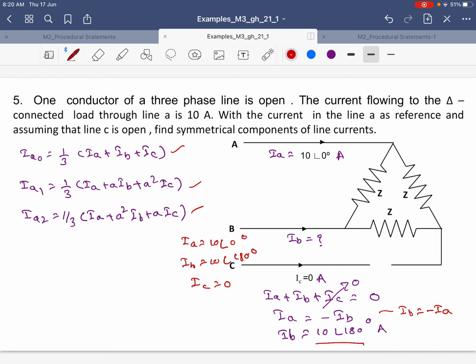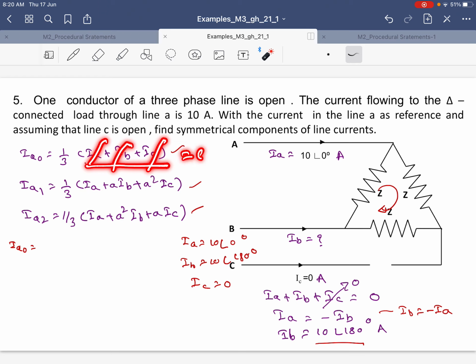Here, for IA0 in the delta connection, if you substitute in the equation IA plus IB plus IC, you get 0, because IB is equal to minus IA, so IA minus IA is 0. Therefore IA0 we are getting is 0.